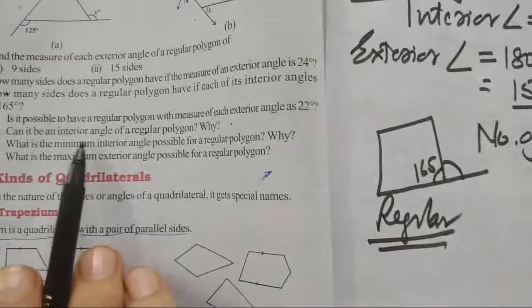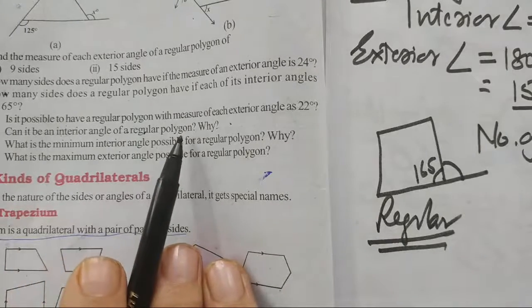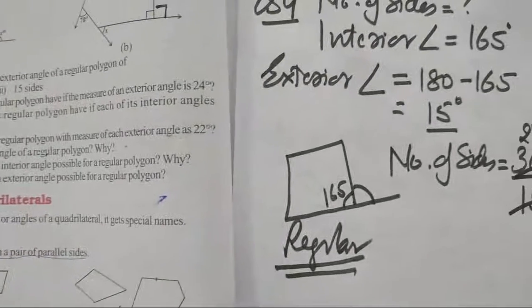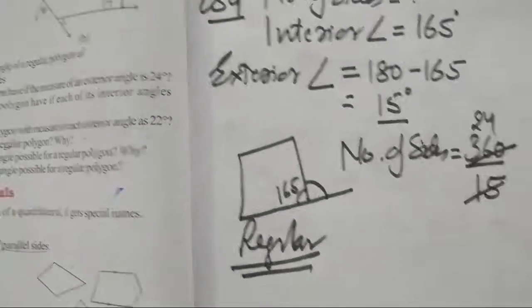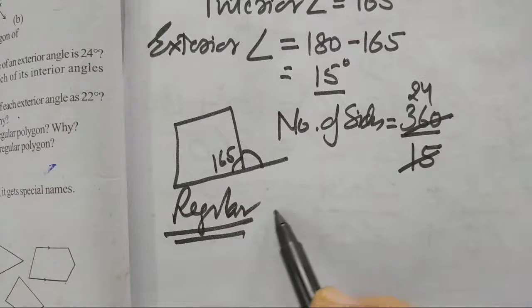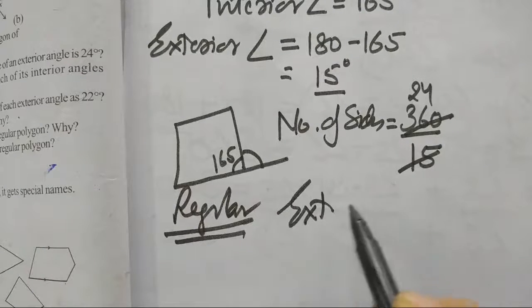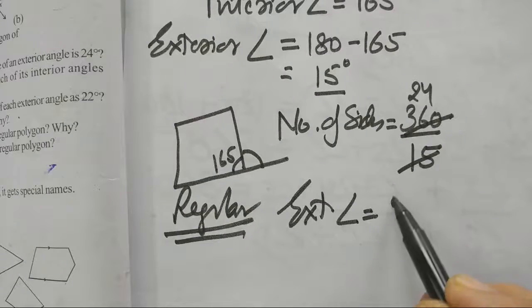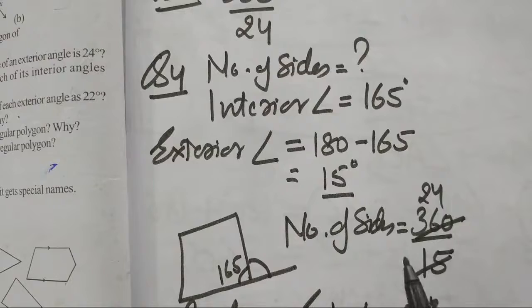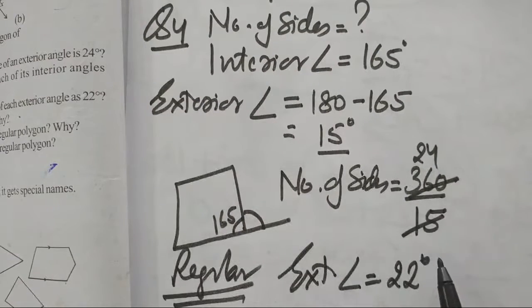Can 22 be an interior angle of a regular polygon? We have to check. If the exterior angle is 22 degrees, we cannot divide 360 by 22.